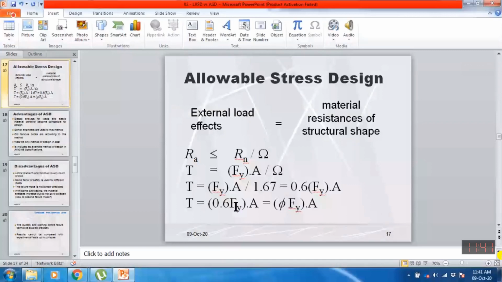Reserve capacity means that if by accident I put more beverage, it will still be safe. But what will happen? The structure will become uneconomical. How?